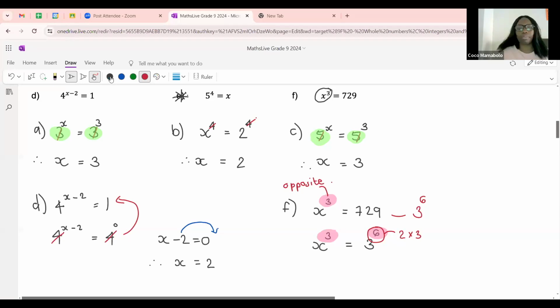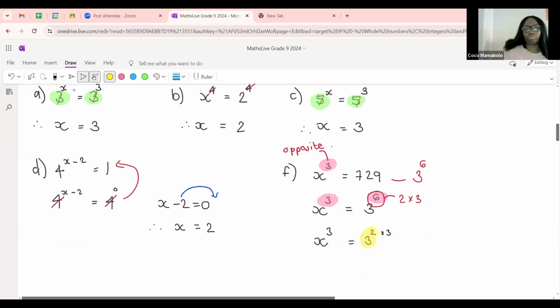So I can rewrite this side as x to the power of 3 is equal to 3 to the power of 2 times 3. And then I can work out this part. What exactly is 3 squared? How much is 3 squared? Correct.